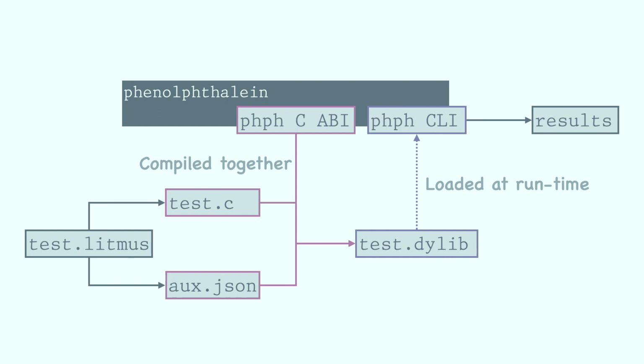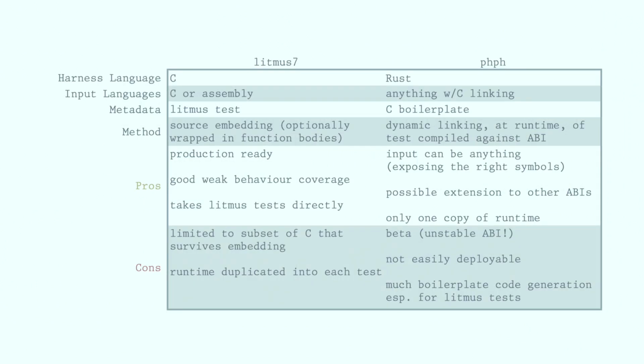And we create that dynamic library, for instance, not necessarily, but for instance, from taking a Litmus test and extracting out the thread bodies and extracting out the metadata, transforming that somehow into some C that we can then compile against the ABI or the API exposed by phenolphthalein, and also the test, and then we produce a dynamic library. And as long as that dynamic library exposes the right symbols, we don't actually care how this test was put together. So we already know that this is going to be quite different.